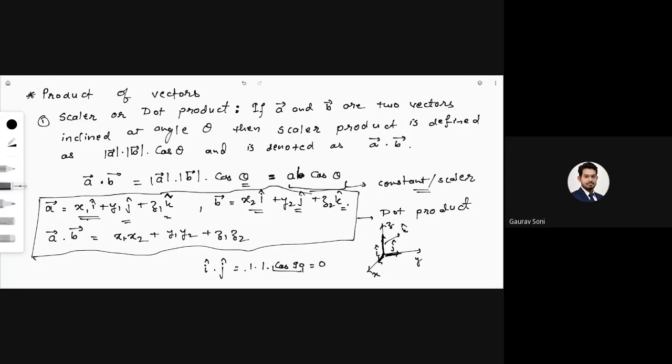So when you multiply i with j, the answer is 0. Similarly, if I multiply j to k, the answer will turn out to be 0. Only if i is multiplied to i, that will be 1 into 1 into cos of 0. Cos 0 is 1. So only when i is multiplied to i, the answer is 1.